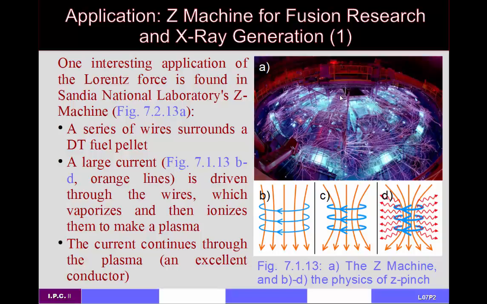What basically happens is you get a series of wires that surround a deuterium-tritium fuel pellet. DT stands for deuterium and tritium. Those are isotopes of hydrogen. One has one neutron, the other has two neutrons in the core along with that proton.